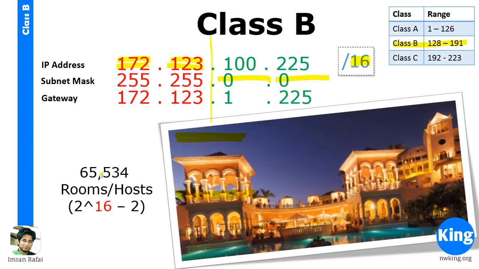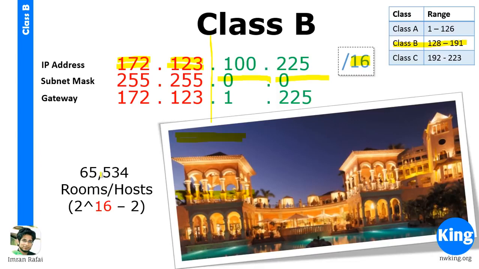If you go with the hotel analogy, to have 65,534 rooms, it is going to be very difficult to manage. And that is exactly why we have a concept called subnetting, which is nothing but taking a massive network and breaking it into smaller manageable forms.